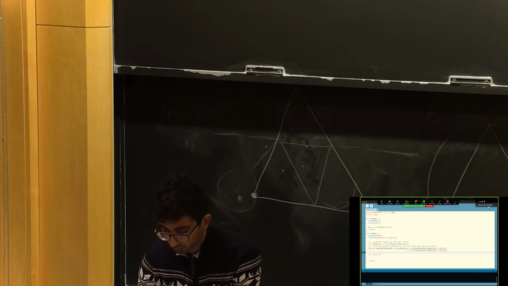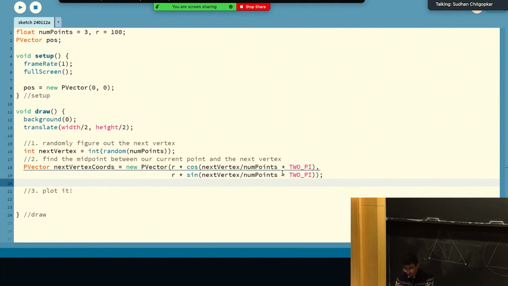So if we want to do that, we can go ahead and say that our new position is going to be a new p vector with the old x position plus the next vertex coordinates x position, all divided by 2, comma, the exact same thing but with the y's.